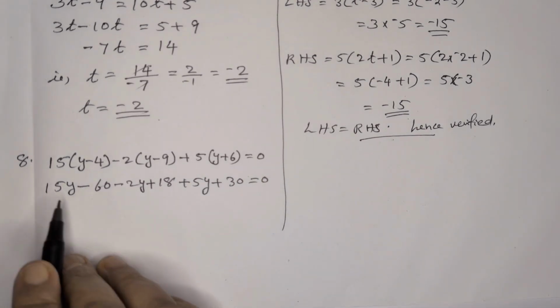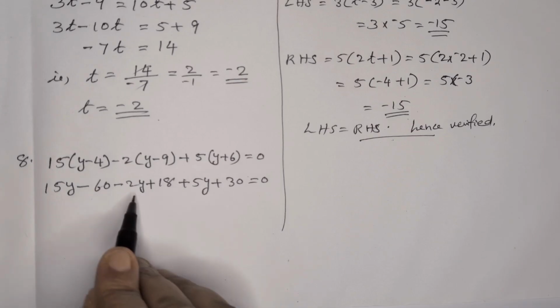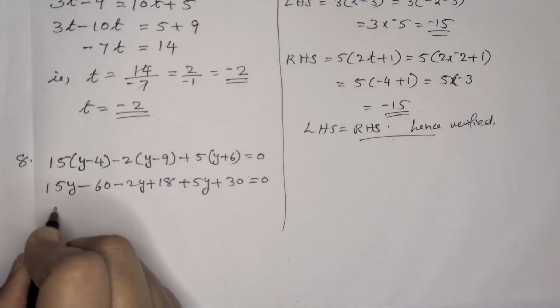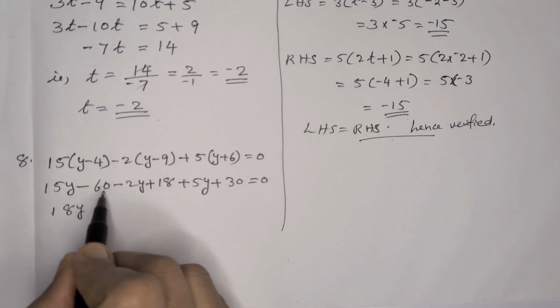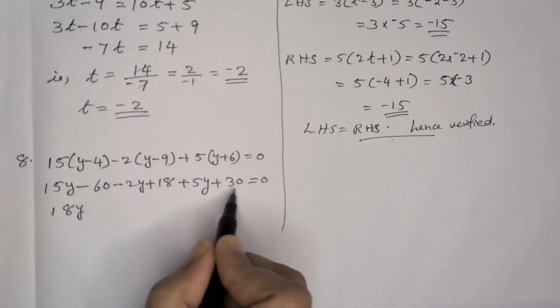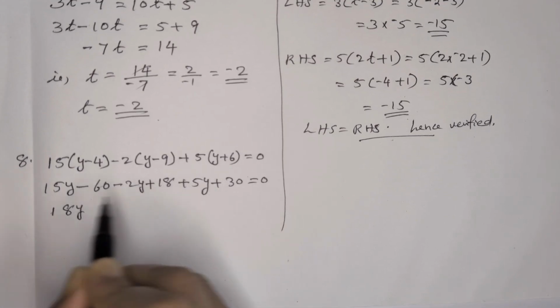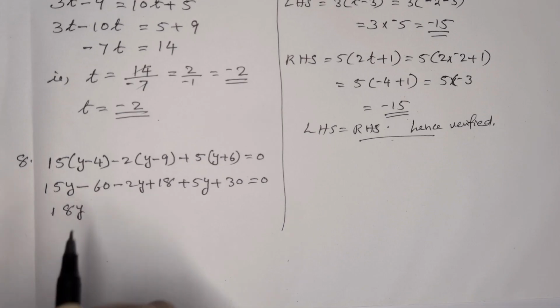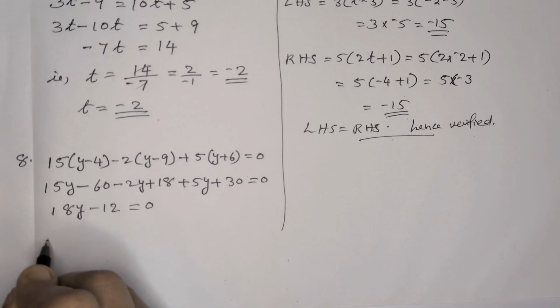Now we can consider all the y terms. 15 plus 5, 20, 20 minus 2, 18, so 18y. Then the constants: minus 60 plus 30, so it will become minus 30 plus 18, 48, 60 minus 60. That means it will become minus 12 is equal to 0.